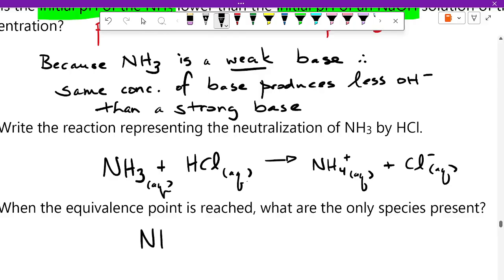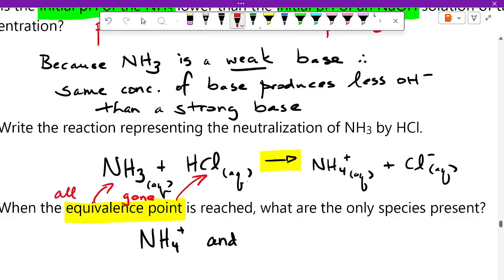NH4 plus and Cl minus. This goes to completion, and at the equivalence point these are all gone. Everything has been reacted and there's no excess of either. So the only thing left is product, which is NH4 plus and Cl minus.